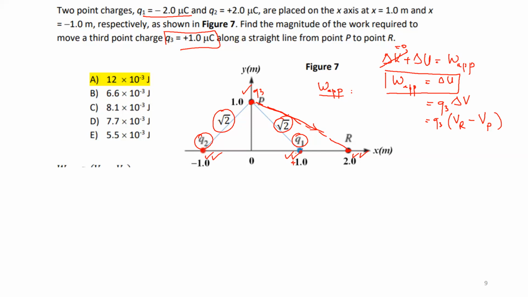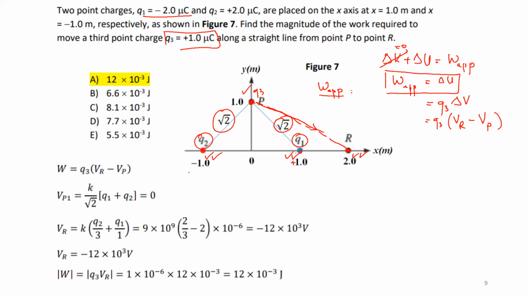So what does it mean? What is my VP? VP will be 0. VP will be just K Q1 divided by the distance, which is square root of 2, plus K Q2 divided by the distance, which is square root of 2. Q1 plus Q2 is 0, so VP is 0. The potential here, VP, is 0.